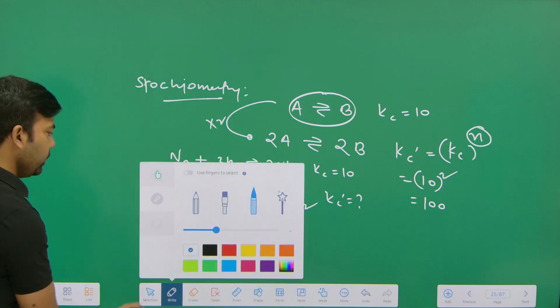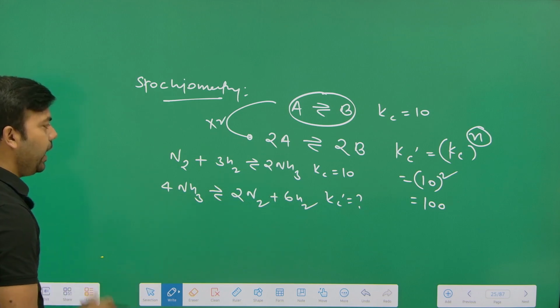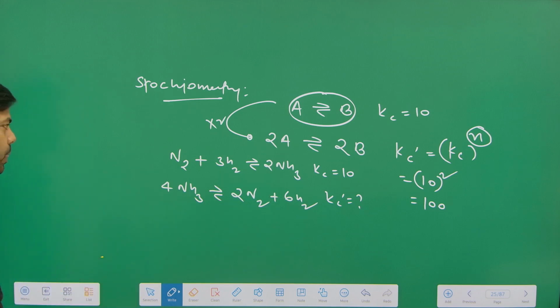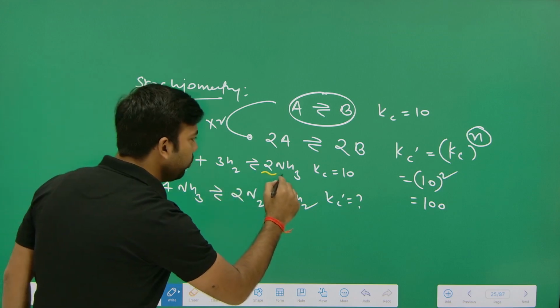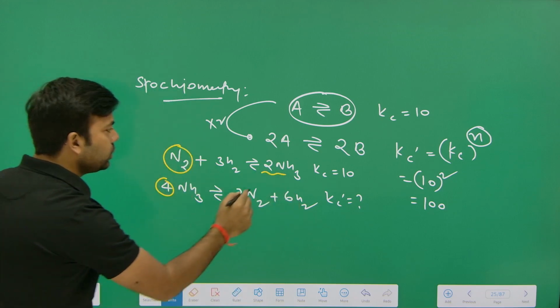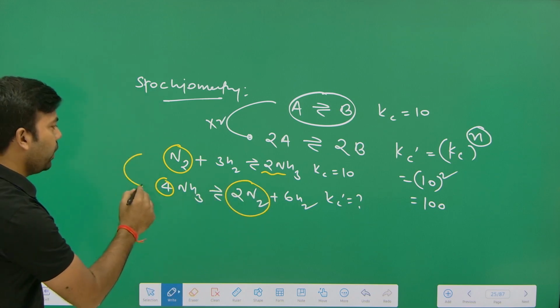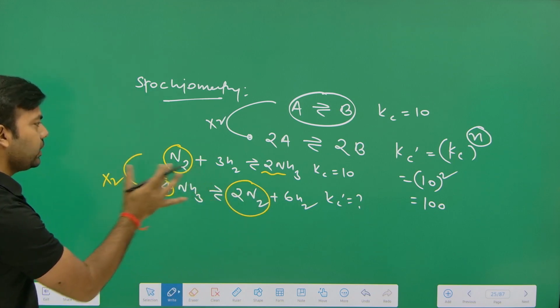In this case, the reaction is reversed as well as multiplied by 2. You can see here you have 2 ammonia, but here you have 4 ammonia. You have just N2, and this is 2N2. Clear? So it is multiplied by 2 as well as reversed.